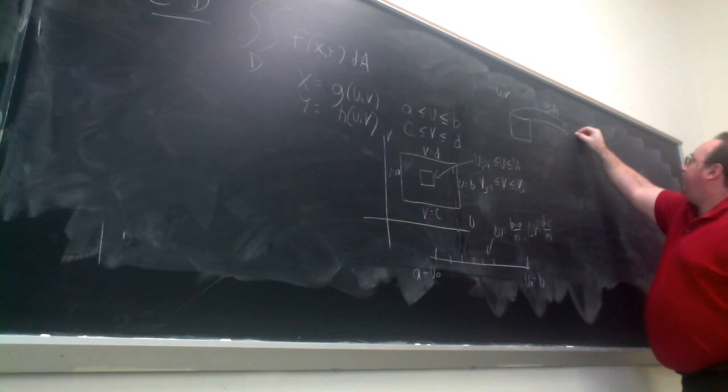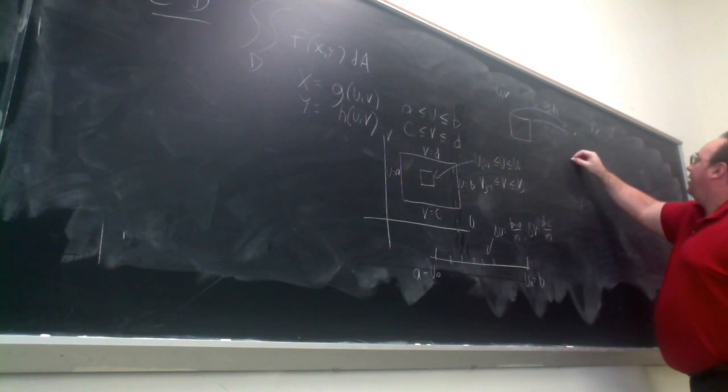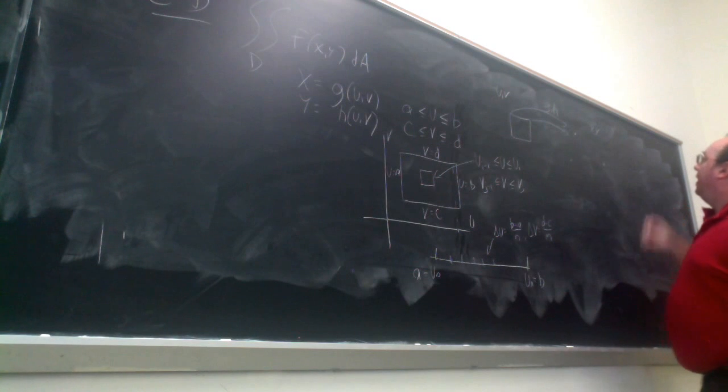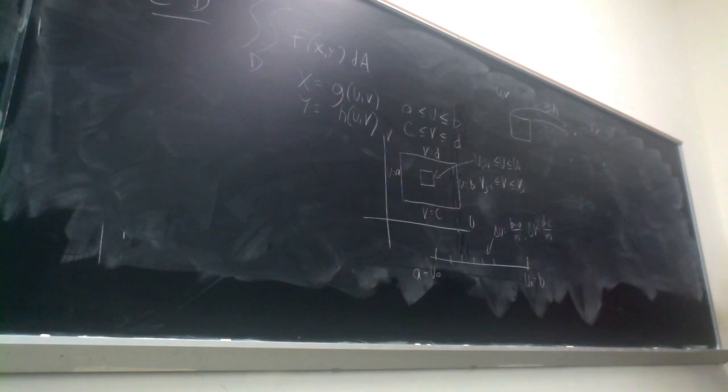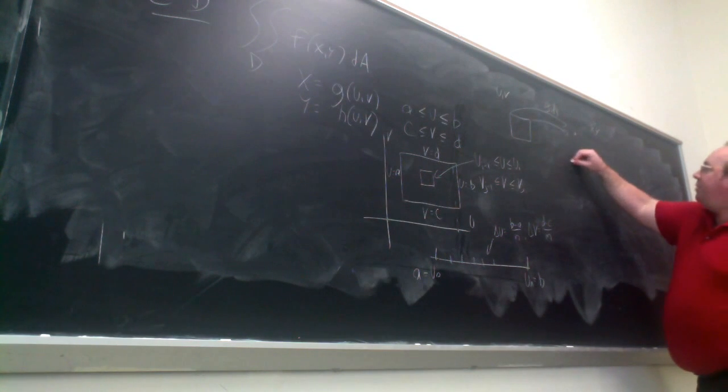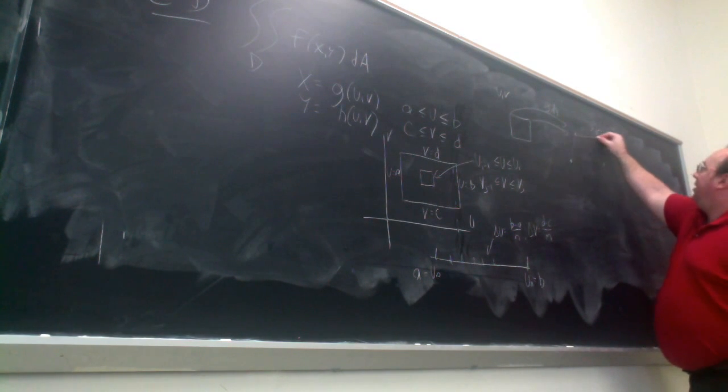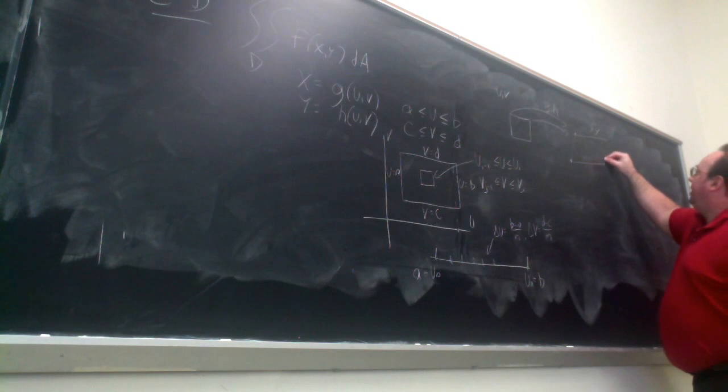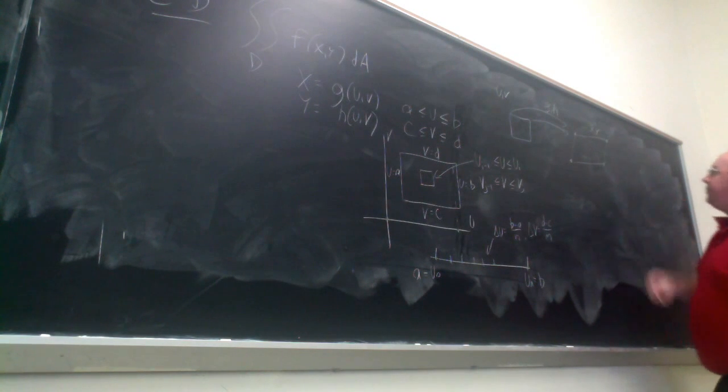So we have these points going wherever. And at least if we assume that delta u and delta v are small, and of course we want them to be small because we're actually interested to see what happens when delta u and delta v go all the way to 0, then what you would have is approximately a parallelogram.